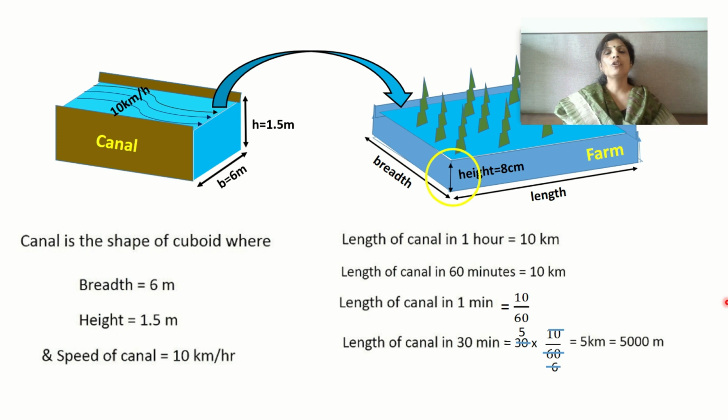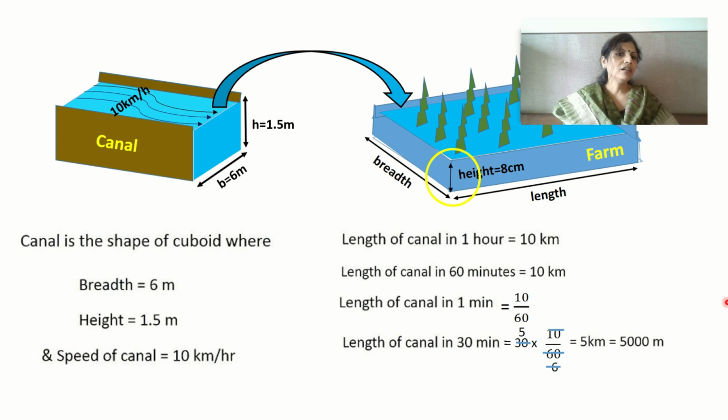If we find the volume of water in this canal and this water is going into the farm, and the farm is rectangular in shape, but since we have to consider the height of the water in the farm as 8 centimeter, our farm can also be cuboidal in shape. So both the volumes, the canal and the farm, we will equate and we will get the answer.